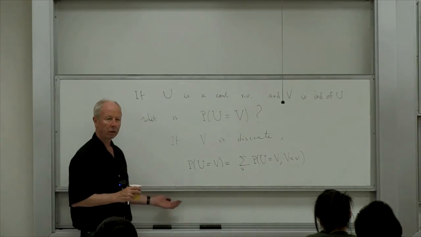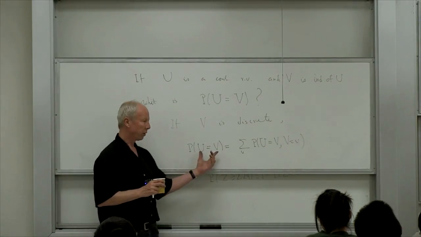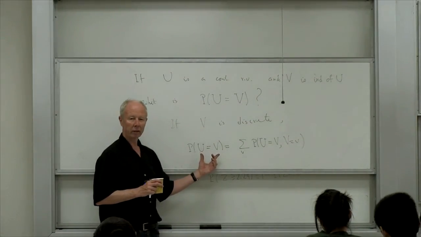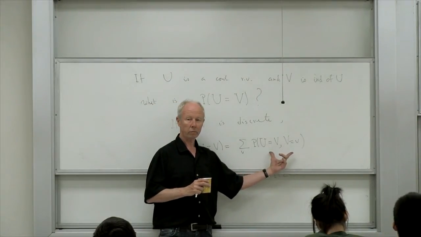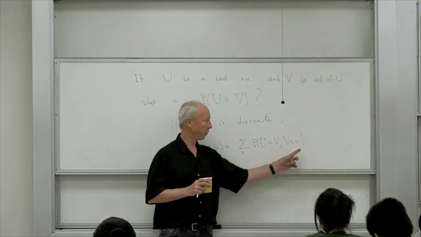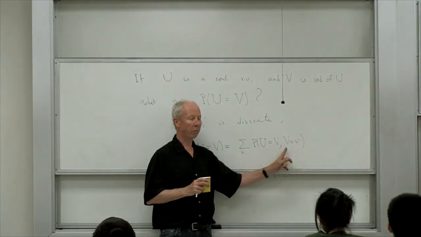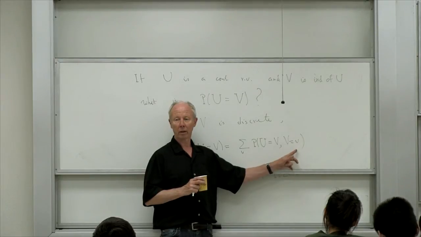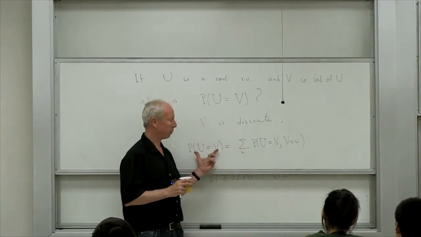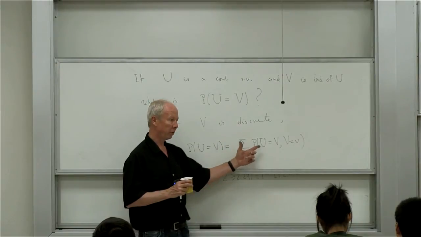What have I done here? This event, capital U equal capital V, is the union of these events. These events for different little v are disjoint because capital V can't be two different little v's at the same time. So the probability of the union of these events is the sum of the probabilities.